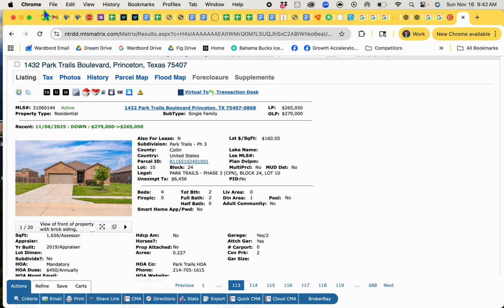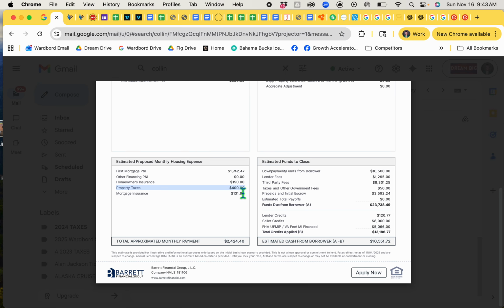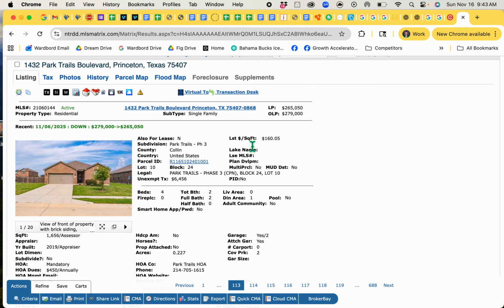The other part is this right here. $400 a month for property taxes. You can't do anything about this either. But the number that Nina put in here is $400, and that's her generic number because she doesn't have a house yet to look at. 400 times 12 is $4,800 a year, and I know taxes are more than that in Princeton.